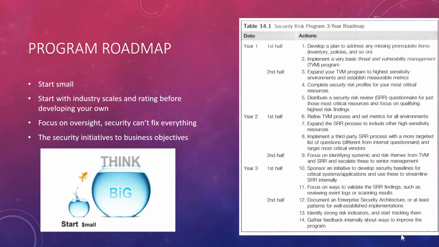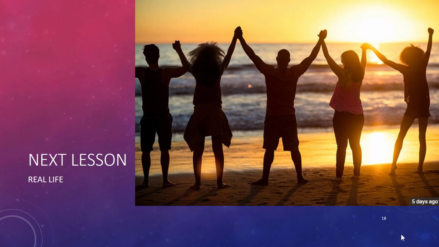That third year, you're starting to get baselines and certification put into place. You're validating findings, documenting an architecture, identifying risk indicators and starting to track them, and then getting ways to improve the program. What a good way to build a program over a 3-year period.